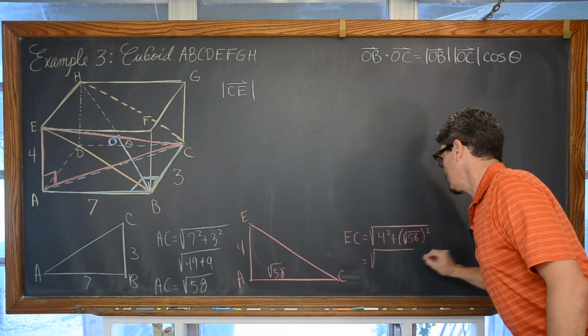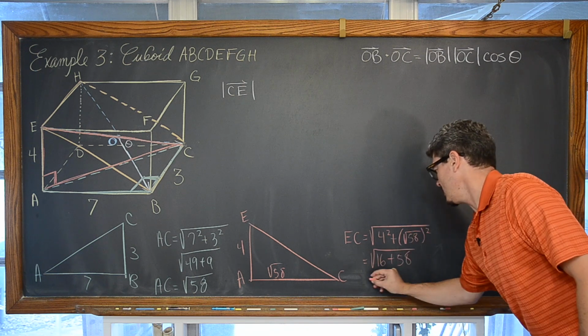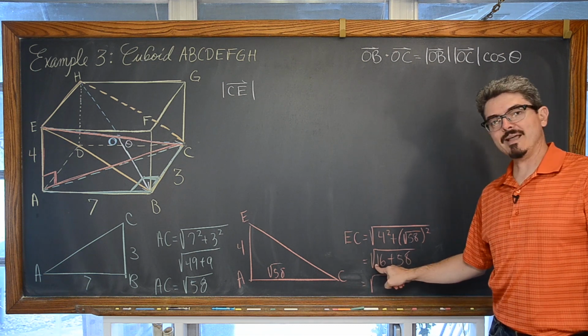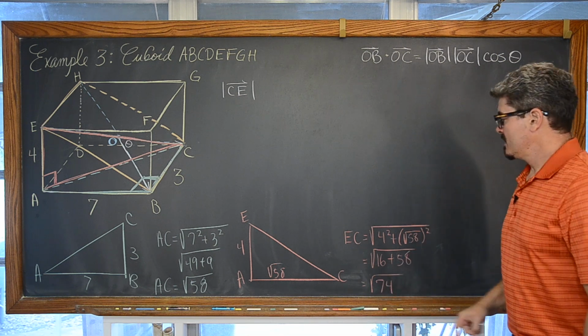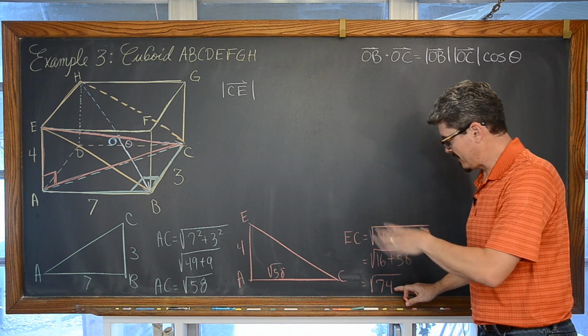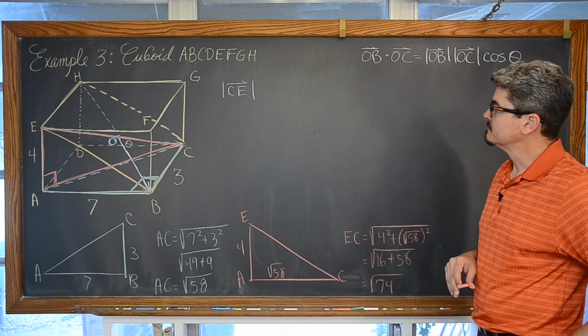That is going to be the square root of 16 plus 58. The square root cancels out the square, and we get 58, 68 plus 6 is 74. So line segment EC is the square root of 74.